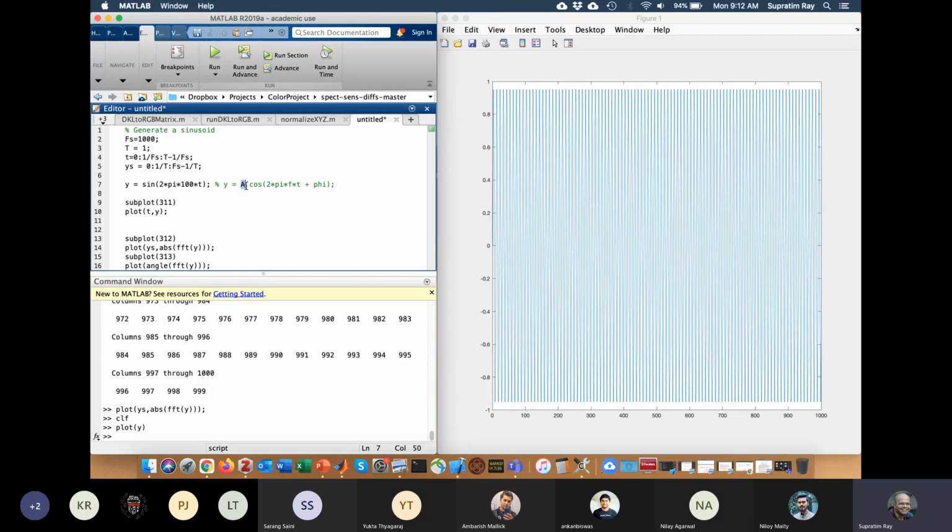Then the amplitude is A, the frequency is f, and the phase offset is phi. This is the formula of a generic sinusoid. When I say sinusoid, it could be a sine or a cosine because they are only shifted by a phase of 90 degrees.